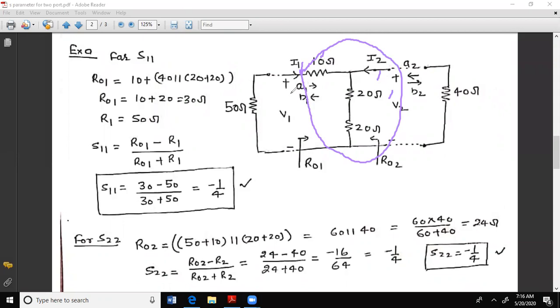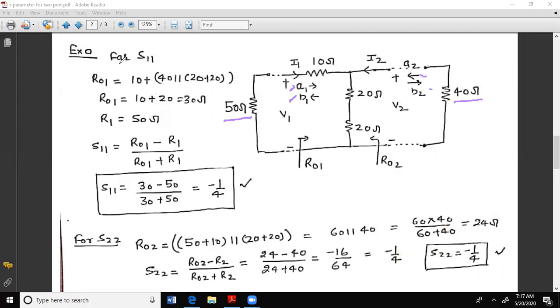A1 and B1 are the incident and reflected variables at the input port, and A2 and B2 are the incident and reflected variables at the output port. Here we have taken a 50 ohm termination for an example, and here a termination of 40 ohm. So how do we calculate the value of these parameters?